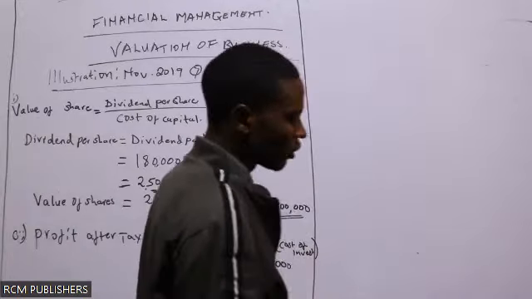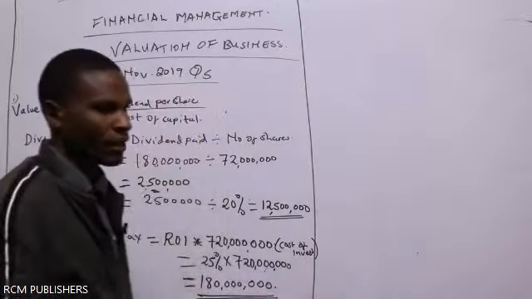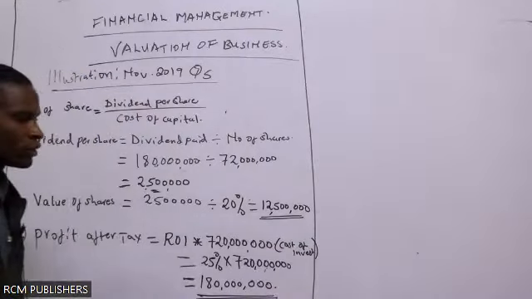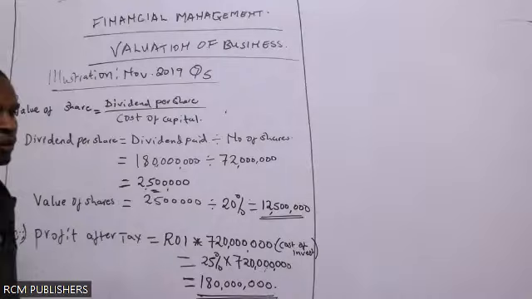How do we convert the 180 million, our profit after tax, to the present now? I'm waiting. We use PVPA. Okay.